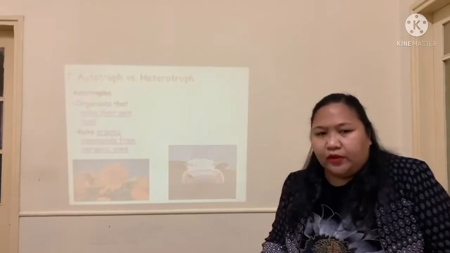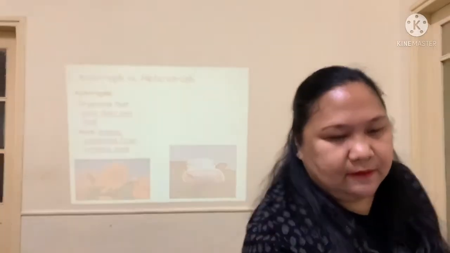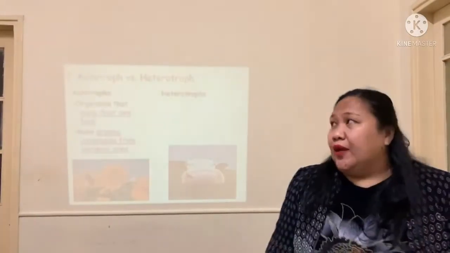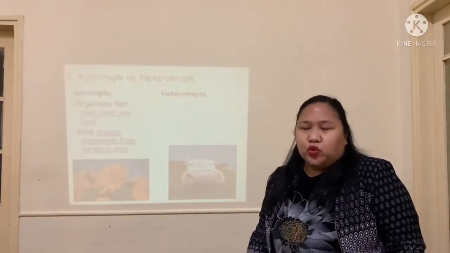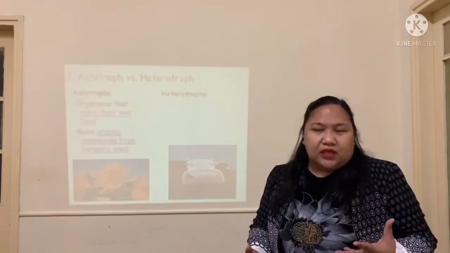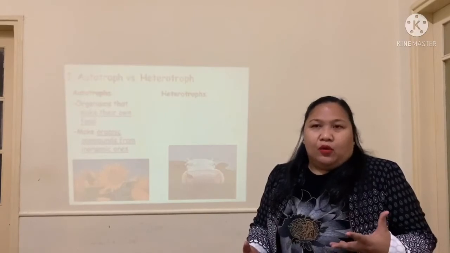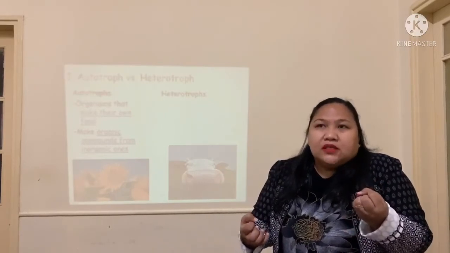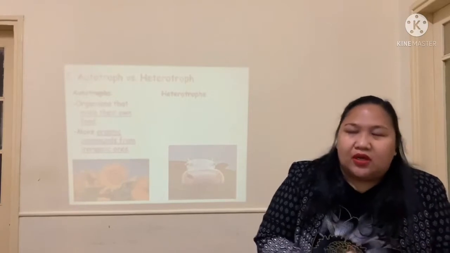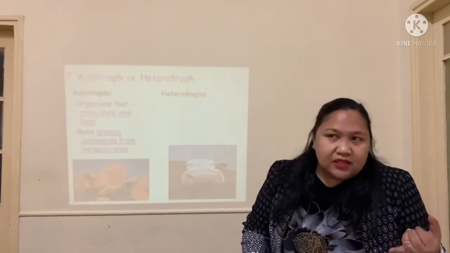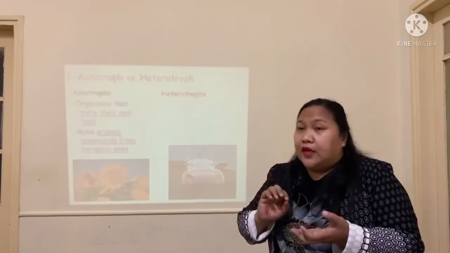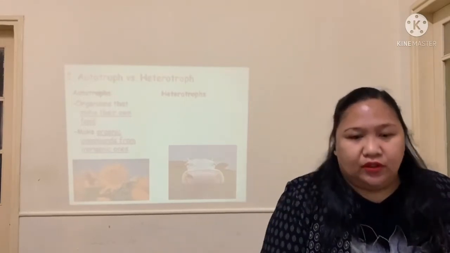Now let's move forward to heterotrophs. As you have mentioned a while ago, these are the consumers. Who are the consumers? Who consumes the producers, or the plants? We have animals, we also have human beings. Very good.